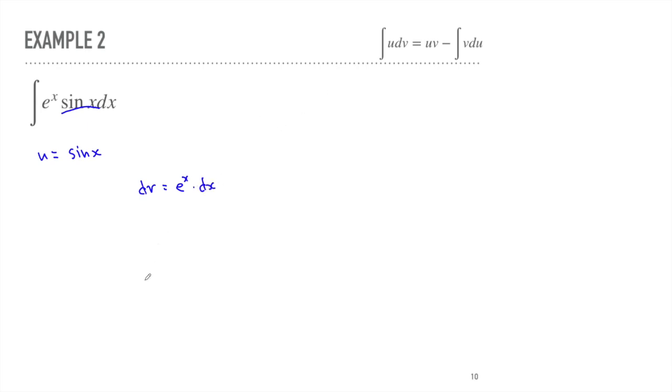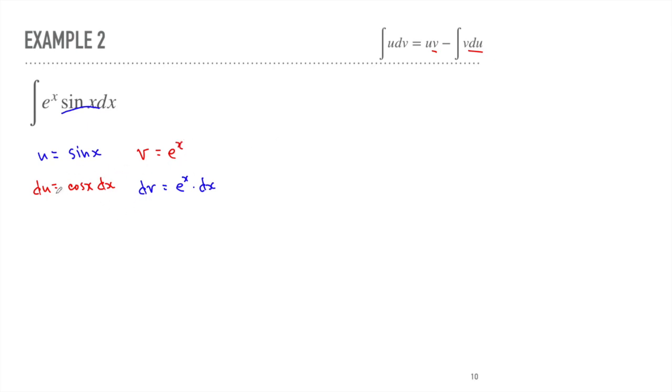Again, ano kailangan natin para i-solve to? Kailangan natin ng du at ng v. Ang du natin ay derivative ng sine x, which is cosine x dx. At yung ating v ay integral ng e to the x dx, which is e to the x.